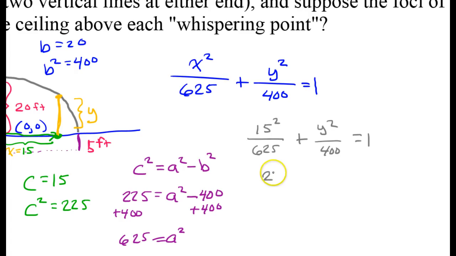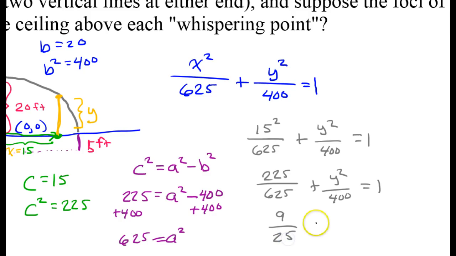So this is 225 over 625 plus y squared over 400 is equal to 1. This reduces down to 9/25, by the way. Okay, plus y squared over 400 equals 1.